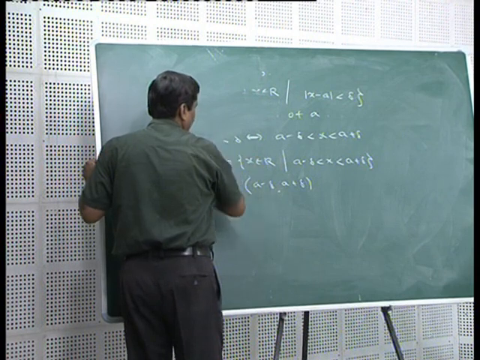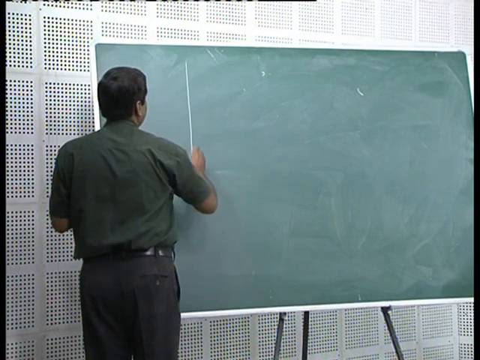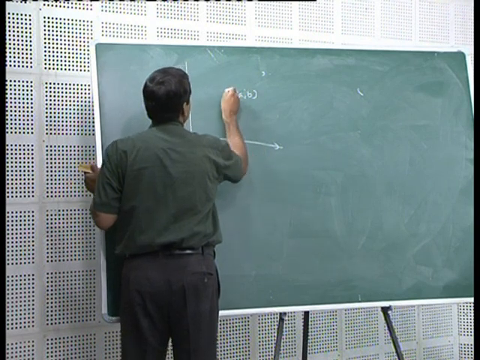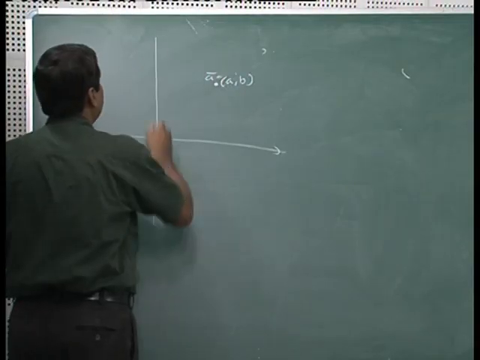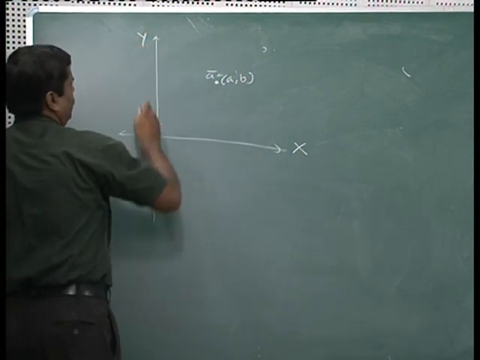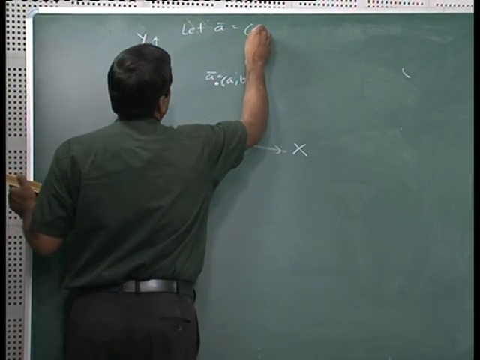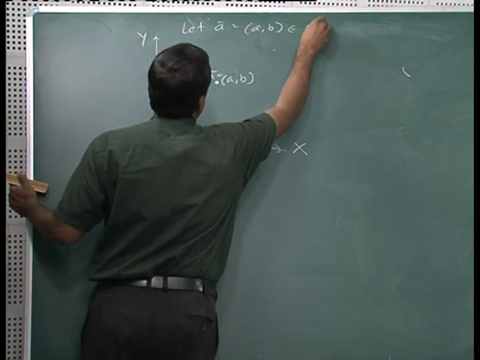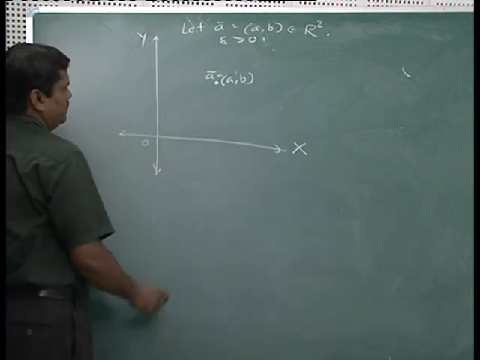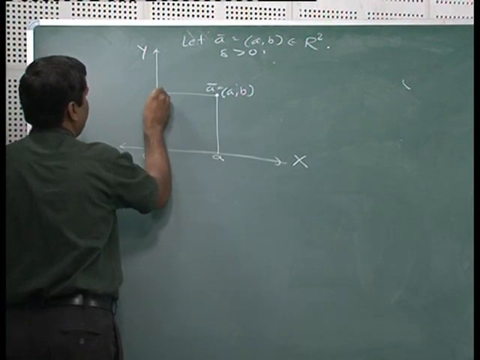For R2 we have to take one fixed point in the plane. Say this is our Cartesian plane, and we take a fixed point (A, B); let us name it A bar. A bar equals (A, B), belonging to R2, is some fixed point, and delta is some positive real number. A is the x coordinate and B is the y coordinate.